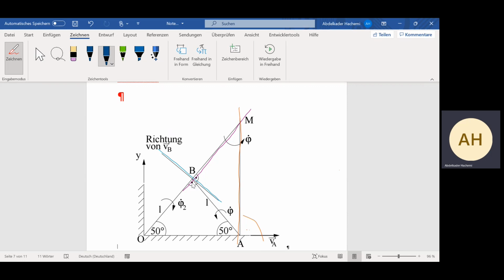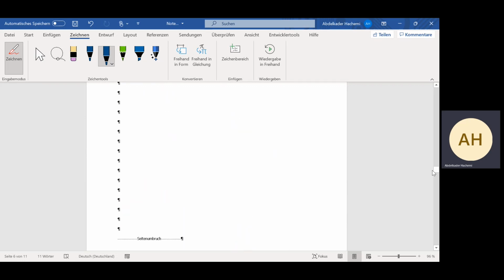The same we can say for this ladder, the left one. Then VB can be calculated also by VO plus VBO.